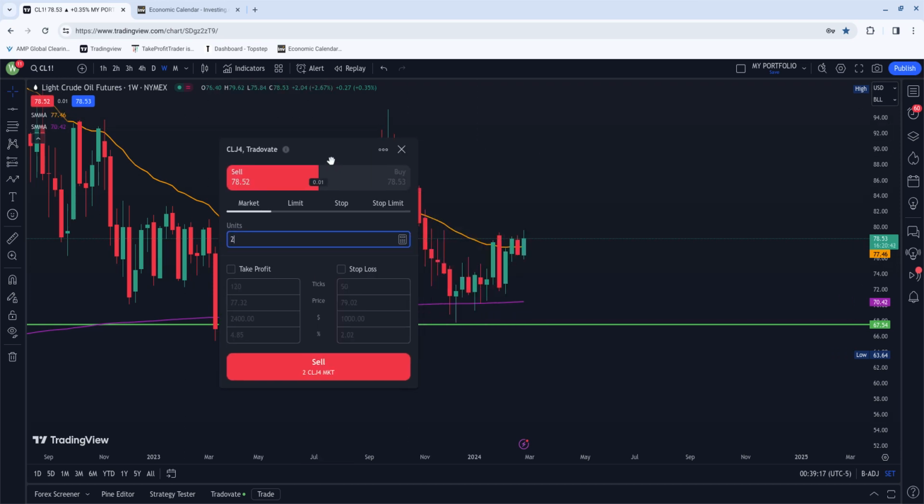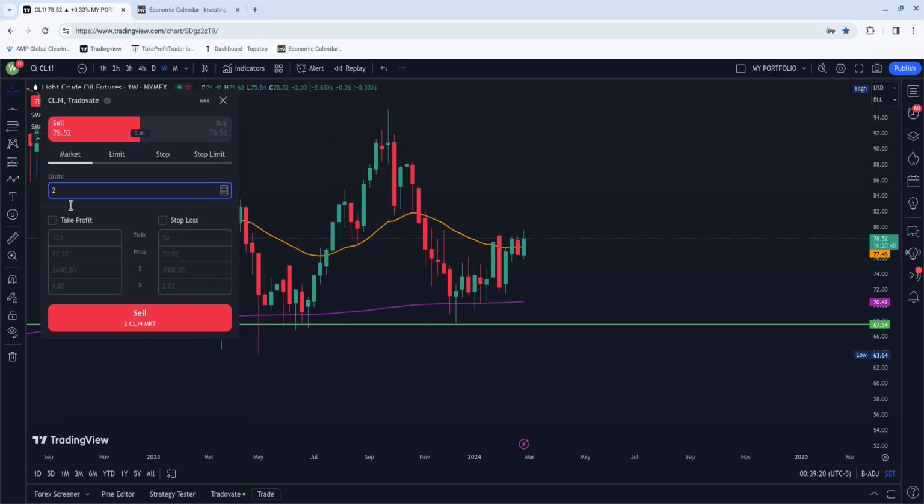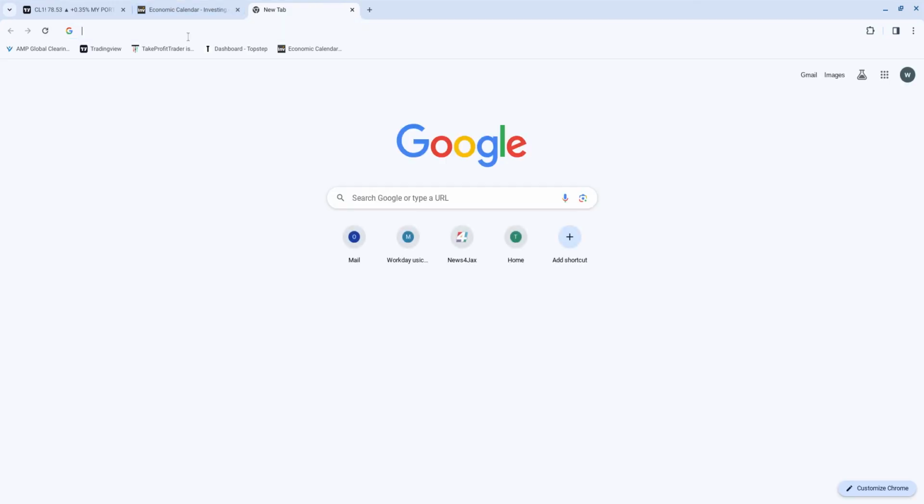All right. Since this is crude oil, every contract on crude oil, one contract represents $10. All right. And in order to buy, each contract is $169. So do $169 times 10, and that's how much it costs to buy crude oil. Okay. That's how it works. So got my calculator here.